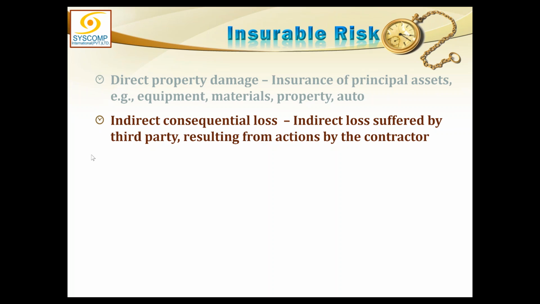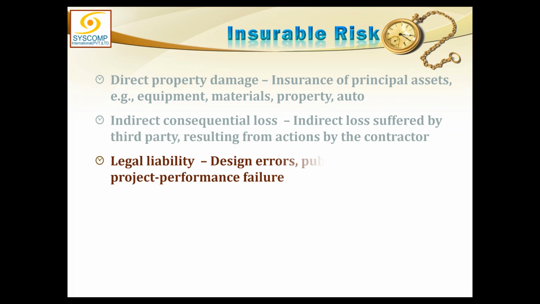But what about the other car you have banged? So this deals with the third party. If I meet an accident, my insurance company will not only get my car repaired, but will also repair the other car. So that is called indirect consequential loss.